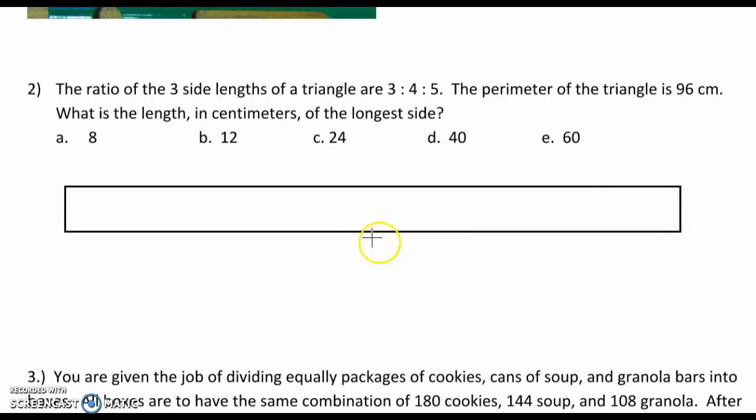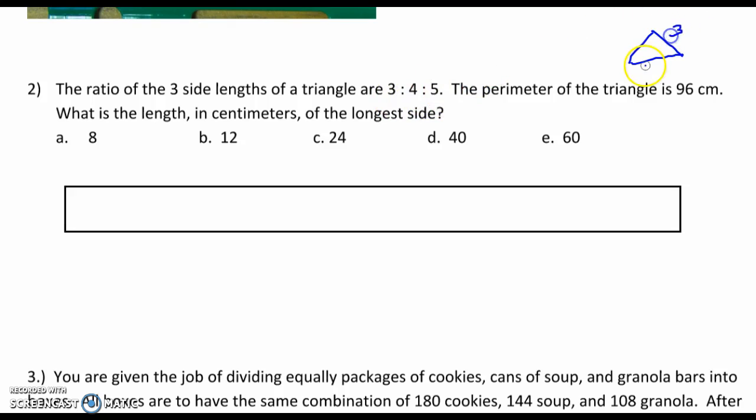These tape diagrams are based on math that was developed in Singapore math, and students in Singapore visualize numbers. Like this 96 centimeter triangle, the ratio of the sides is in a 3 to 4 to 5 comparison.